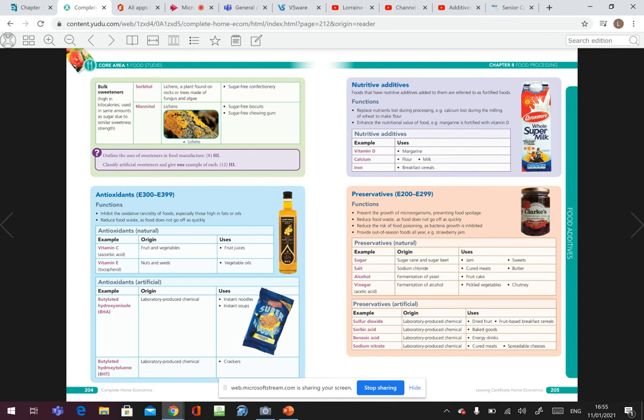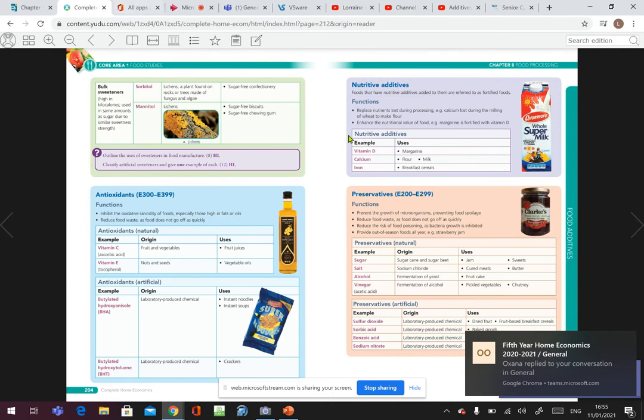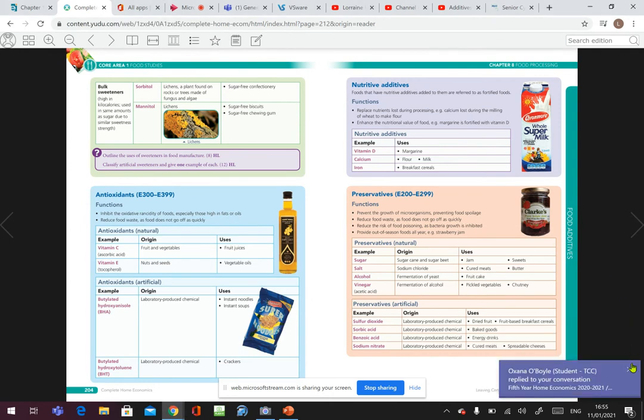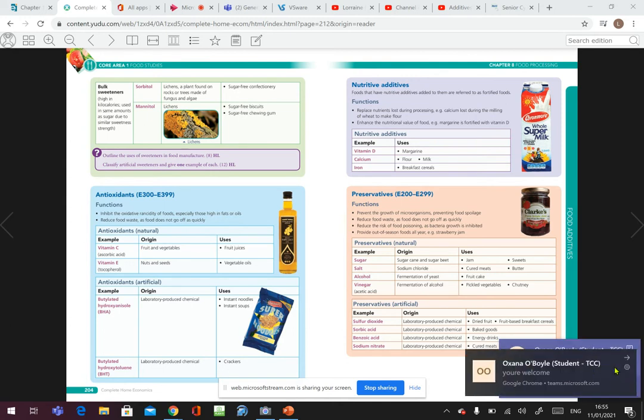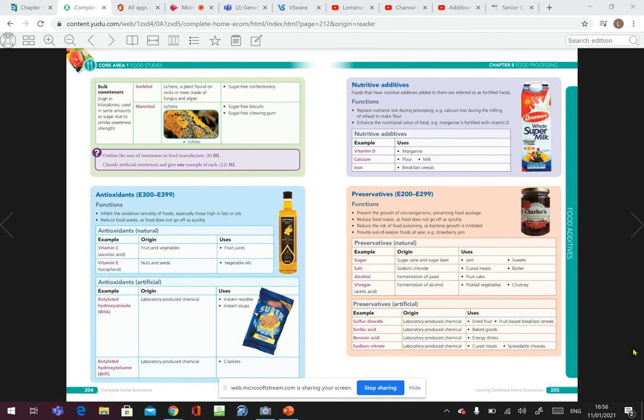Vitamin E, or tocopherol, is found in nuts and seeds, and an example there would be vegetable oils. I've checked the vegetable oils in my cupboard, and neither of them contains vitamin E, but maybe check your own and see if it does or not.